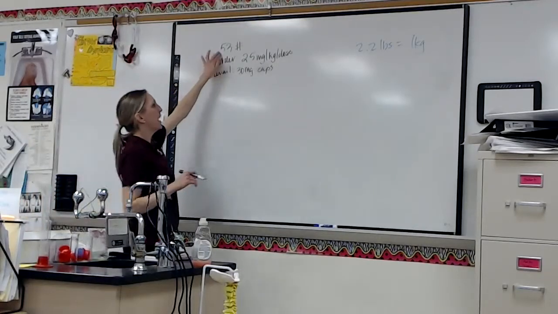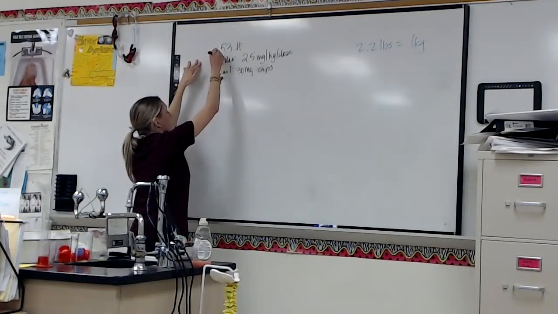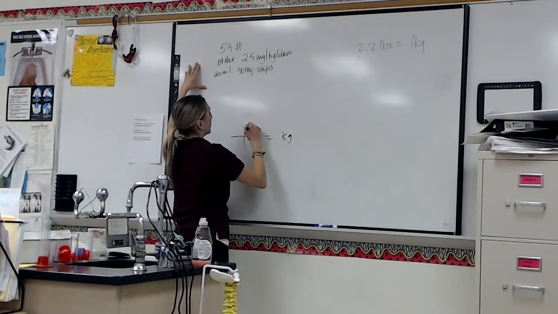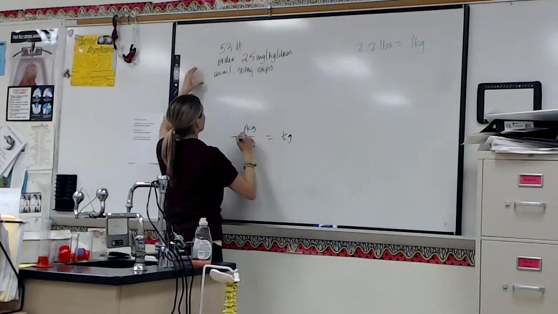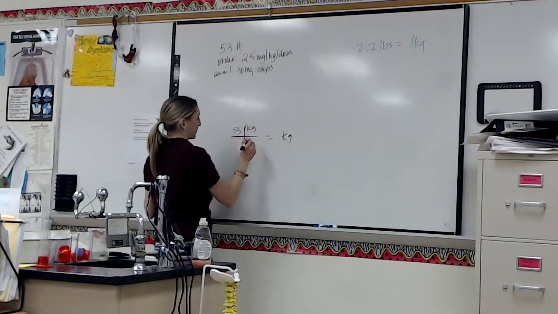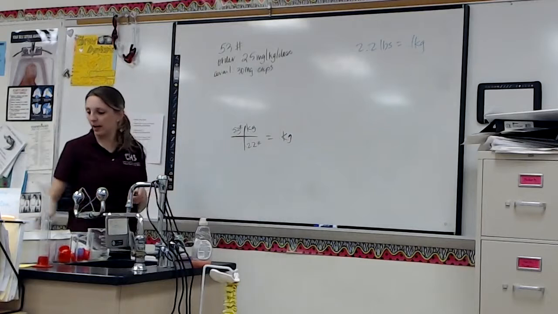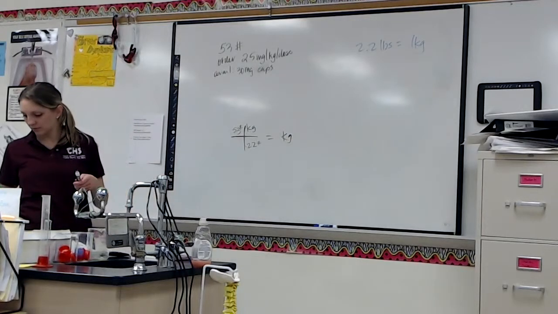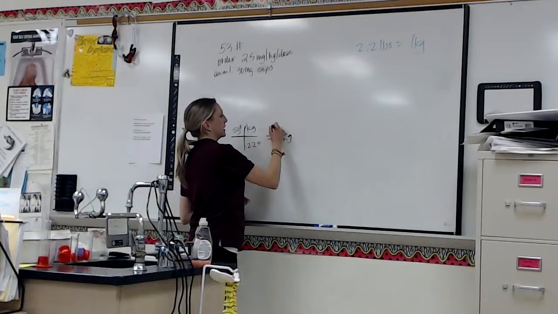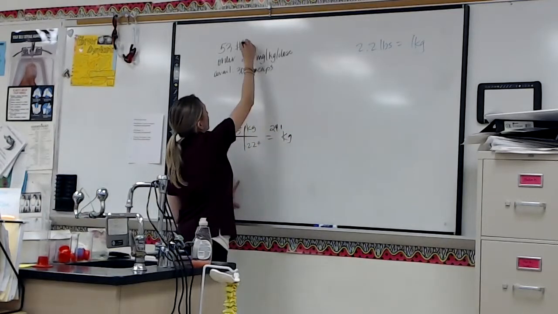So 53 pounds to kilograms. We'll just work this out. Every kilogram, we have 2.2 pounds, and then we've got 53 pounds up here. So 53 divided by 2.2 is 24.1, so that's our kilograms.